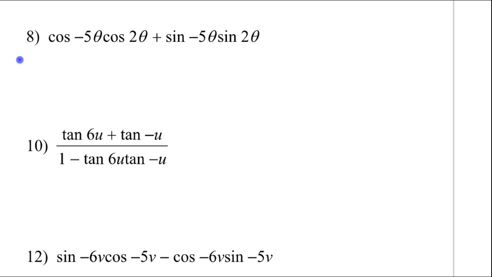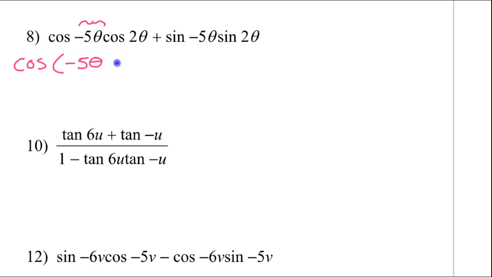So it's going to be a cosine of angle minus angle. Now the first angle I see right here is this negative 5 theta. That's my first angle, so negative 5 theta.